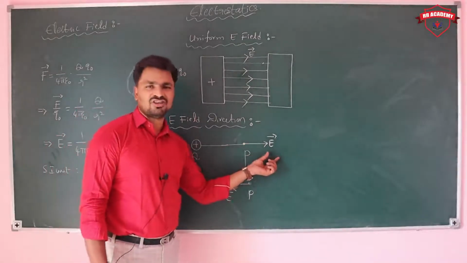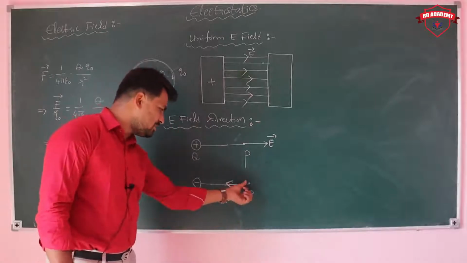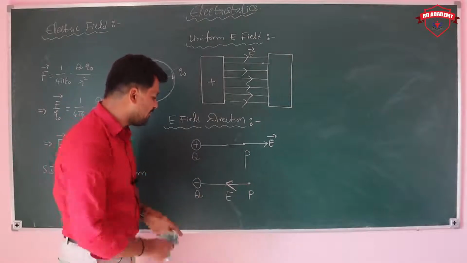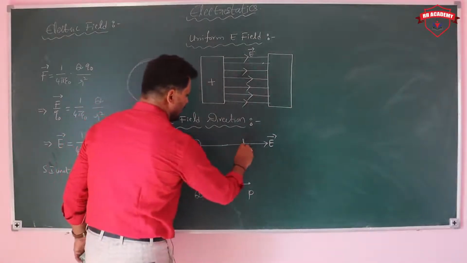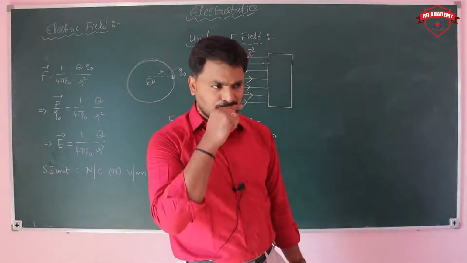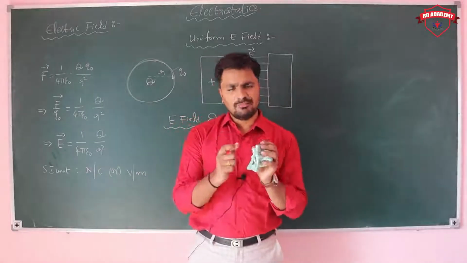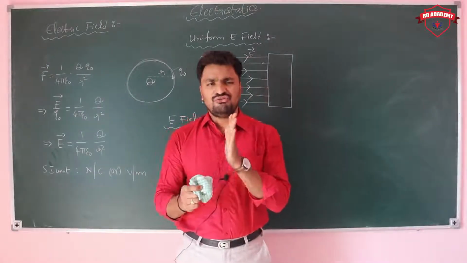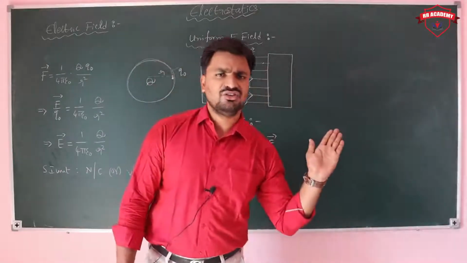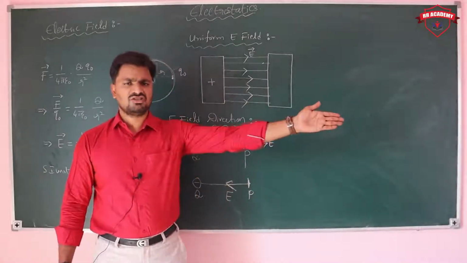Field direction for a positively charged particle is away from that. Field direction for a negatively charged particle is towards that. Very important. For a positive charge, please note that point, the field direction is away from the charge.